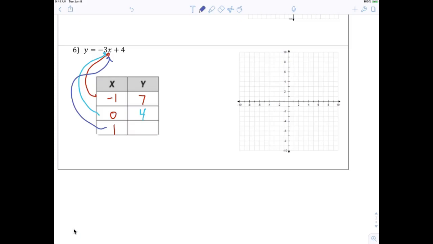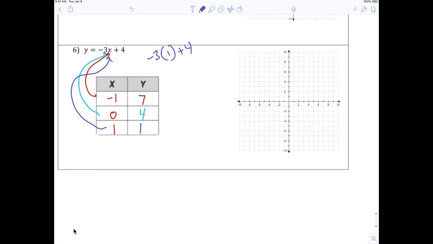What is the problem, guys? It's 1. Negative 3 times 1 plus 4, and some of you guys are not giving me the right answer. Negative 3 times 1 plus 4 is 1.